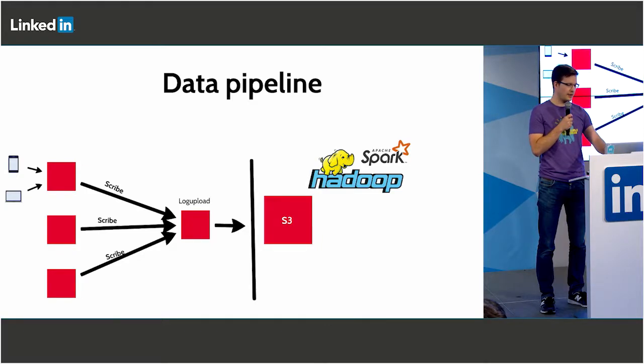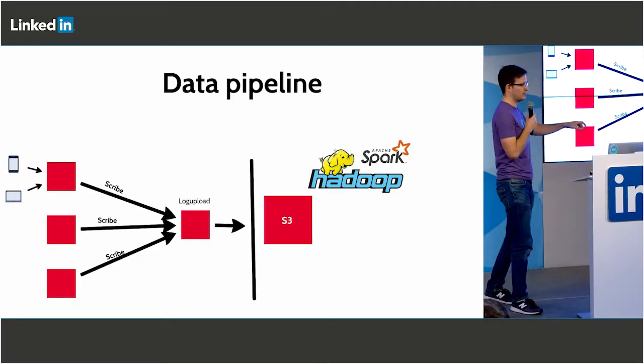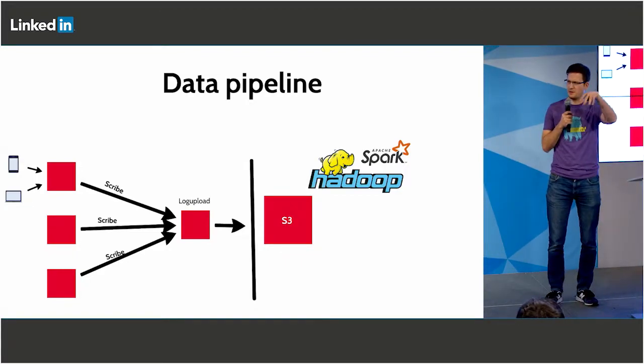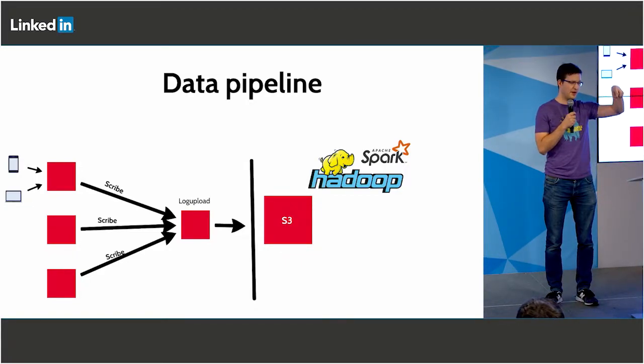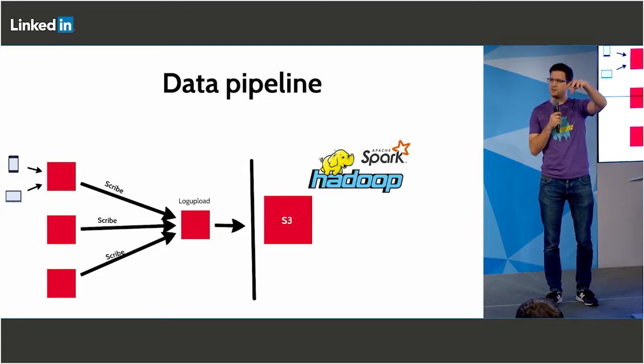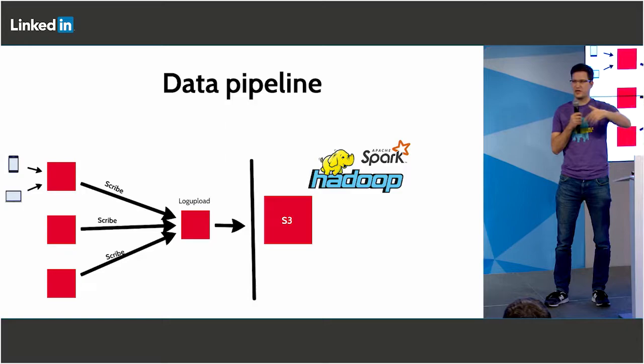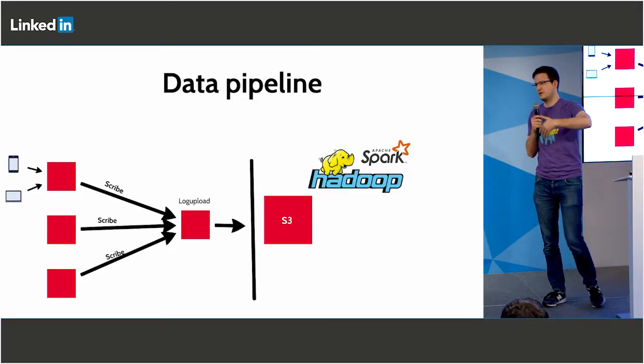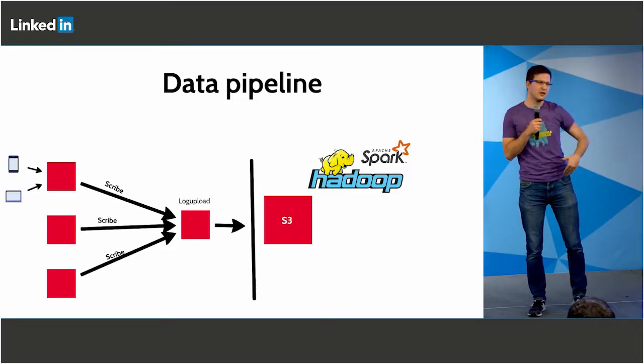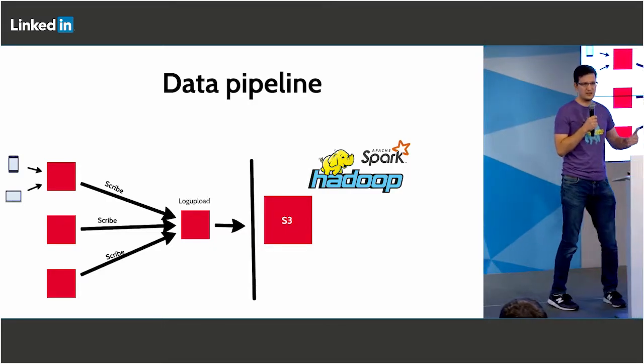And why did we store in S3 and not in HDFS? If you are not familiar with Amazon EMR, there you start a new cluster, and you should only store temporary data on HDFS, because anytime you want to upgrade your cluster, that will mean you have to tear down your cluster and start a new one.